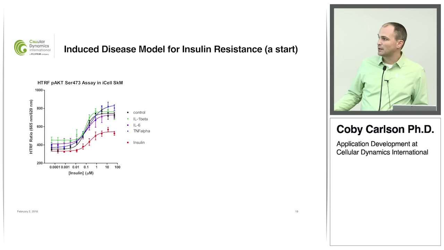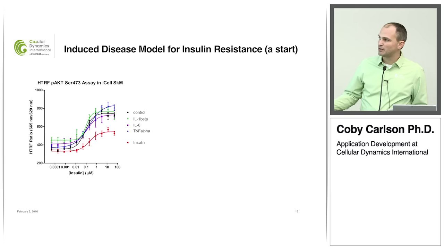And what you can see here is that the control is in black, and there's not a great impact of IL-1 beta or IL-6 or TNF-alpha really on the EC50 of activation of this pathway. Yeah, there sure could be some things in terms of elevating the background or whatever that might be interesting, but of course, maybe not surprising. It was kind of nice to see that this sort of chronic exposure to insulin decreased the sensitivity, both by the amount that was fold change in the assay, but also a little bit right shifted.